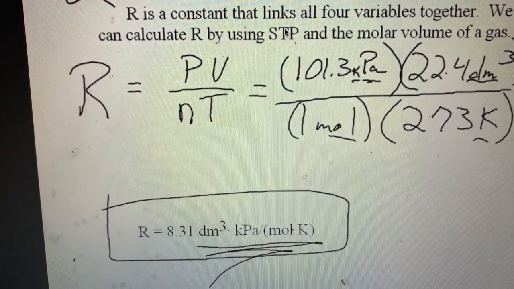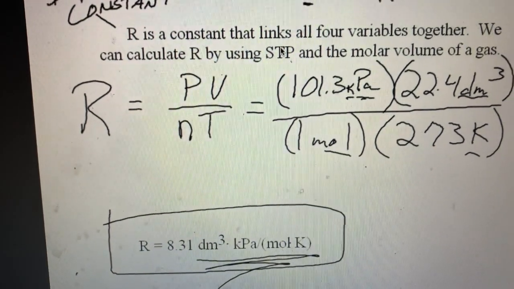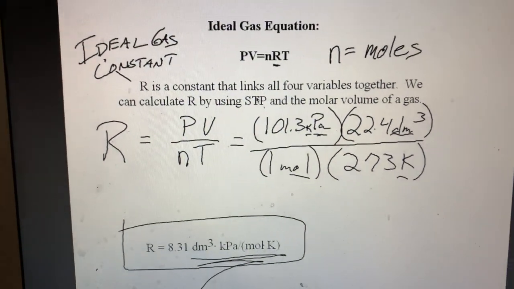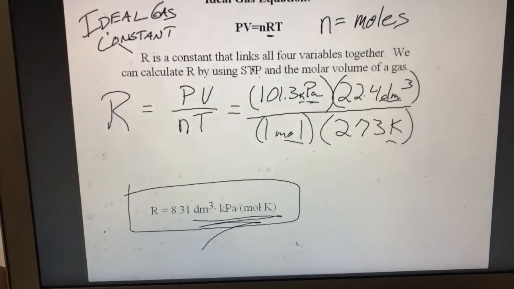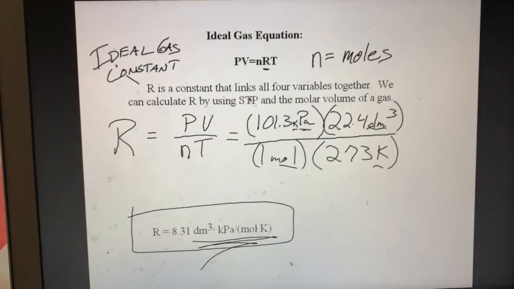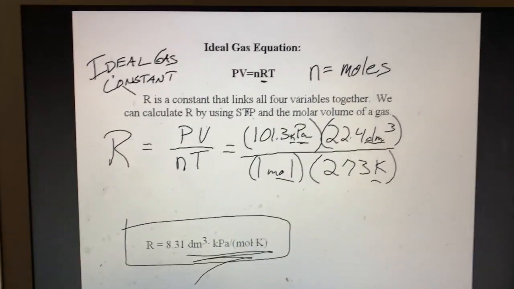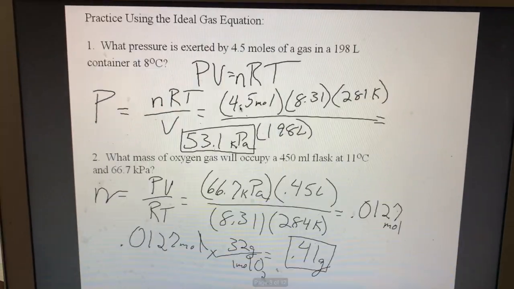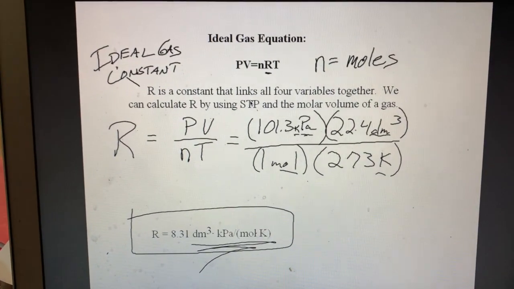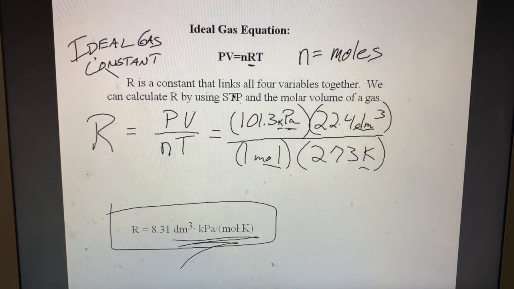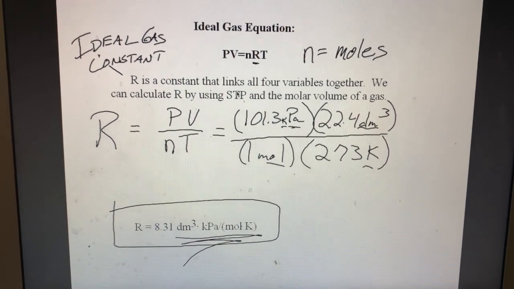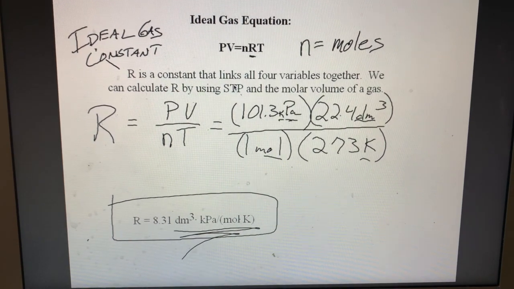All of those will be given to you, and they are on the practice sheet that you will do after these notes. Temperature, because this is a gas law, will always be in Kelvin, so remember, that has to be converted. In the next slide of notes, you've got a couple practices where you're just going to be plugging in those numbers. So if you want to pause the video now, you can go ahead and try those.